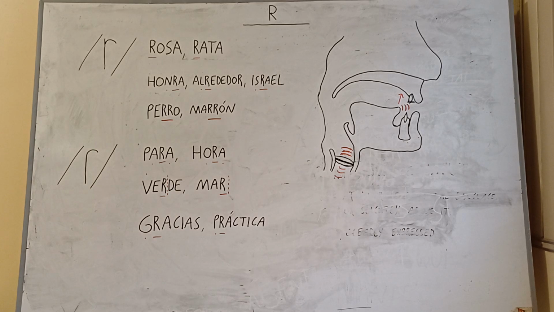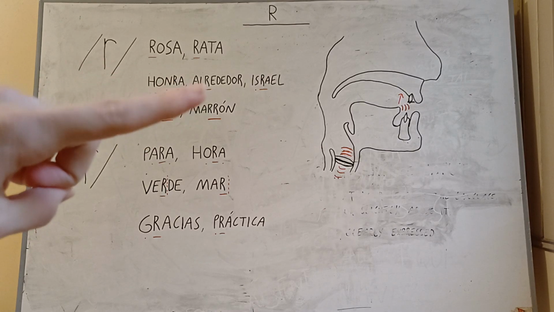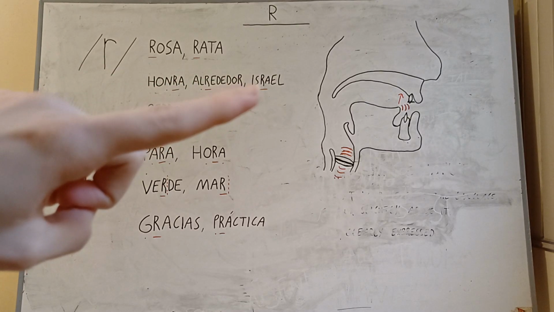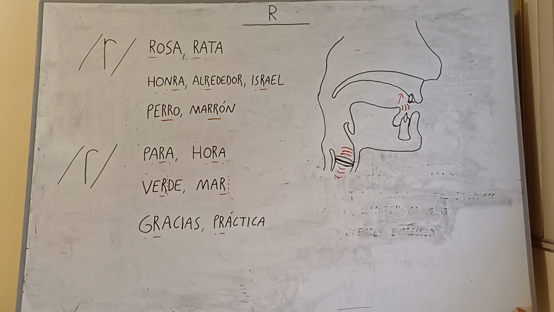Second case, we produce the trilled r sound when the letter R follows the consonants N, L, and S. In the second row, we have an example of each. Honra, alrededor, Israel.